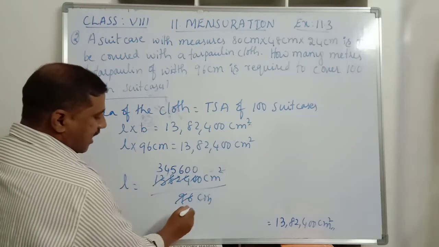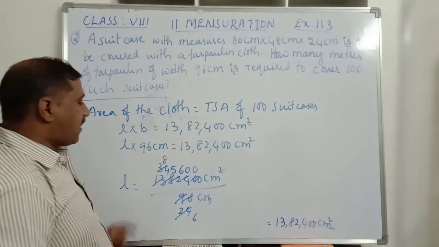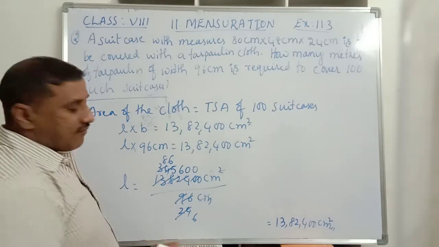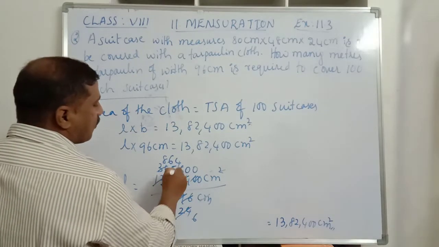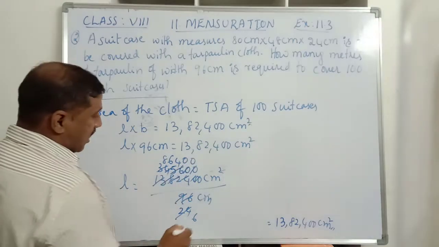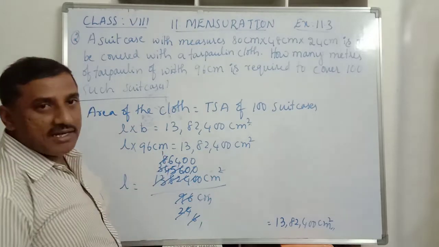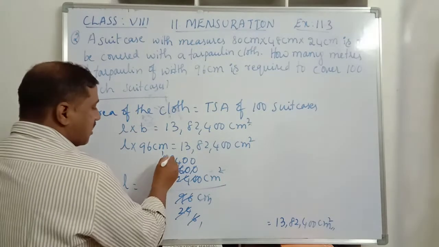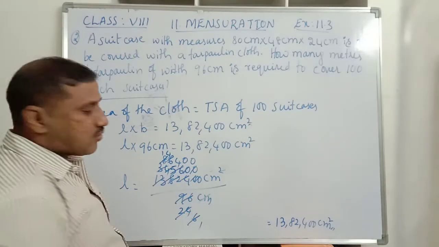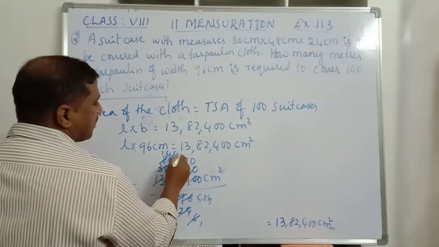Again 4 6s are 24, 4 8s are 32, so 2 with 5 is 25, 4 6s are 24, 1 with 6 is 16, 4 4s are 16, 4 zeros are 0, 4 zeros are 0. Now with 6 1s are 6, 8 minus 6 is 2, with 6 is 26, 6 4s are 24, so 26 minus 24 is 2, bring down 4, 24, then 6 4s are 24, 6 zeros are 0, 6 zeros are 0.